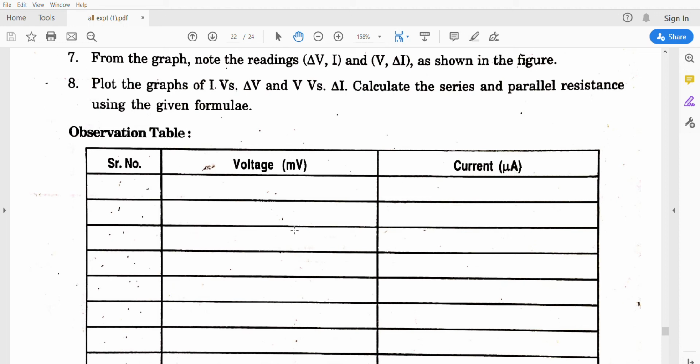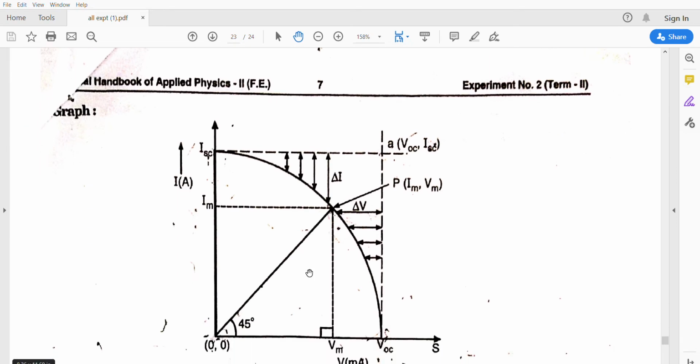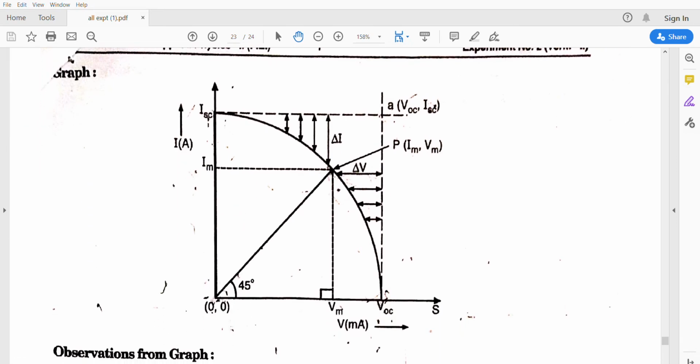So here this is the tabular column we have, with voltage and current. How the voltage and current change, we can note down in this tabular column successively, and after that we can draw this graph. Voltage is taken on the x-axis and current is taken on the y-axis, and we draw the graph.